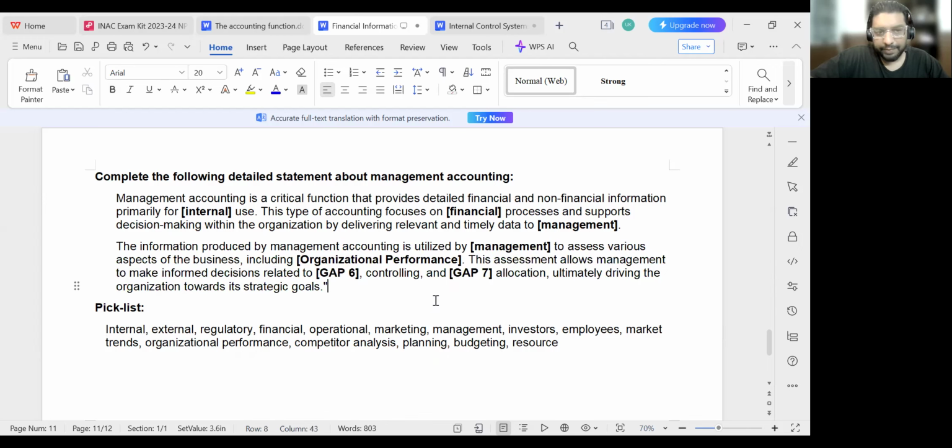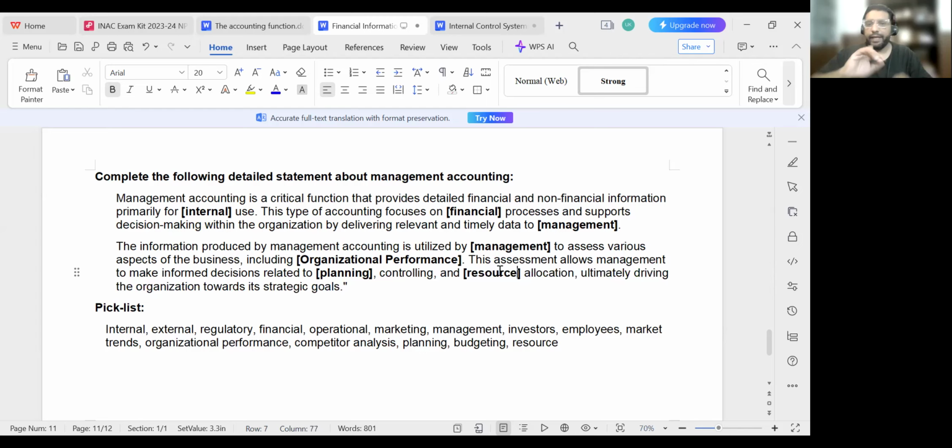This assessment allows management to make informed decisions related to planning, controlling, and resource allocation. Okay, any confusion?